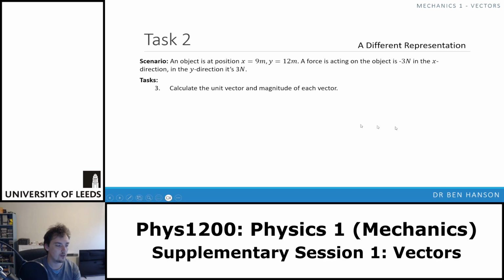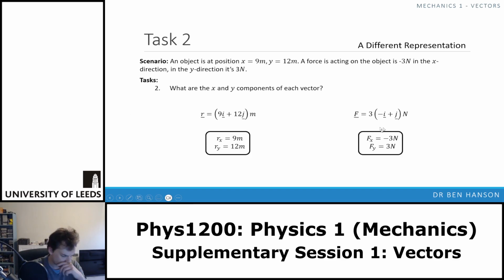Notice those units. It turns out that scalars are the things that hold units. Magnitudes have units. Directions, the directional part, the unit vector part, if you like, doesn't have units. It's the scalar part that holds units. So components have units because they're scalars.